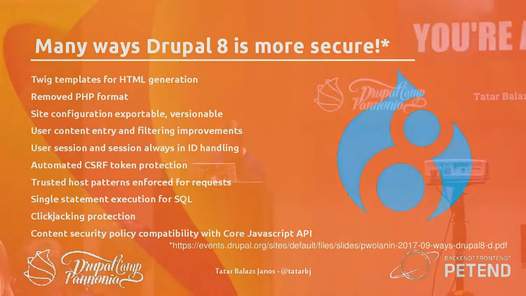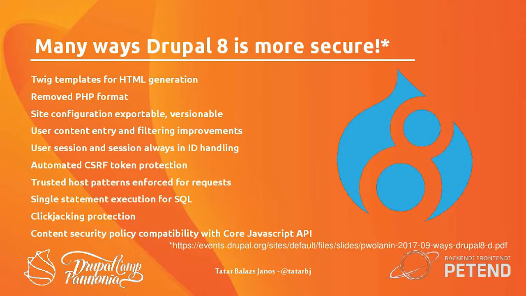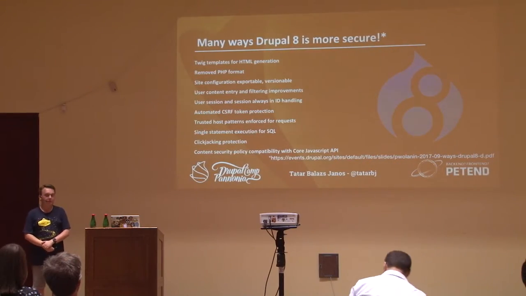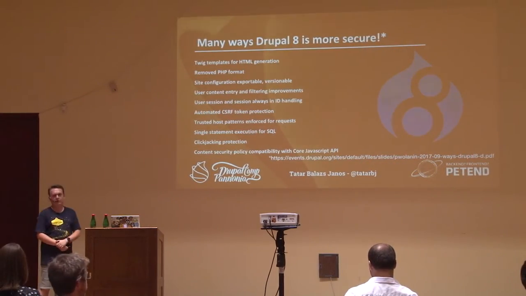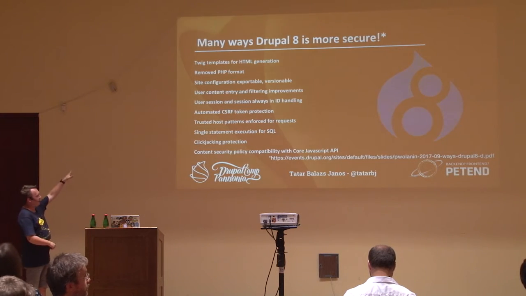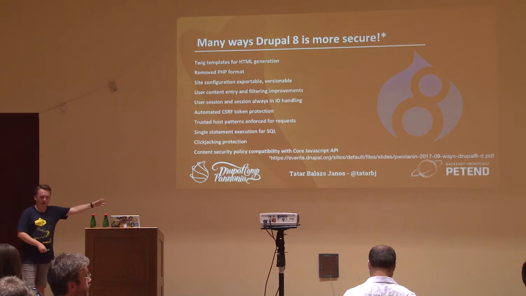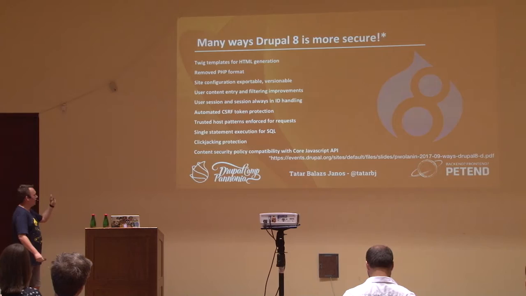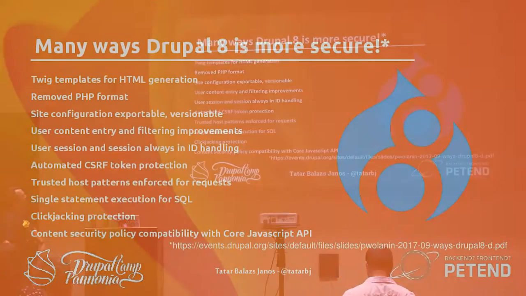So after having the chocolate, no one else is interested in some security improvements? Okay, there is one session given by Peter Wolanin, security team member, back in 2017 at DrupalCamp Vienna. He was basically listing the major things that happened in Drupal 8, how it got safer, such as the clickjacking protection we got.